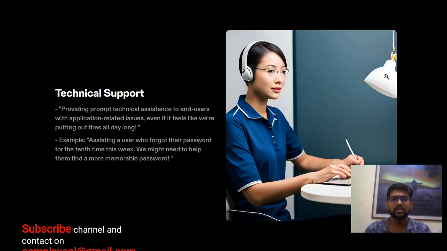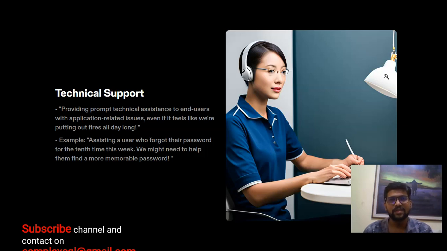So what are the roles and responsibilities? First is technical support. Providing prompt technical assistance to end users is one of the responsibilities of an application support engineer. I would like to give one example of what exactly technical support is. An example is assisting a user who forgot their password 10 times this week. We might just forget our password for some applications and need help to find a memorable password.